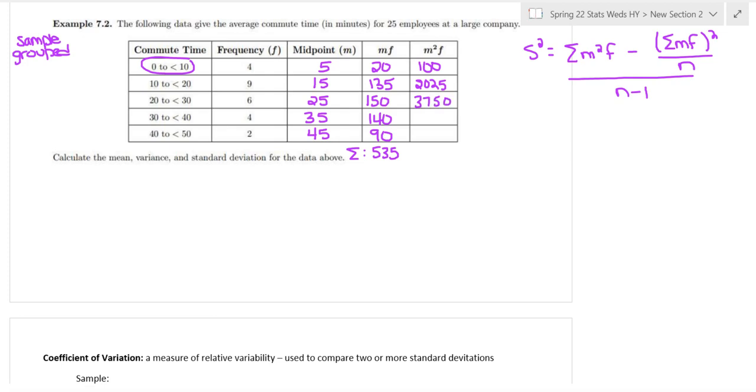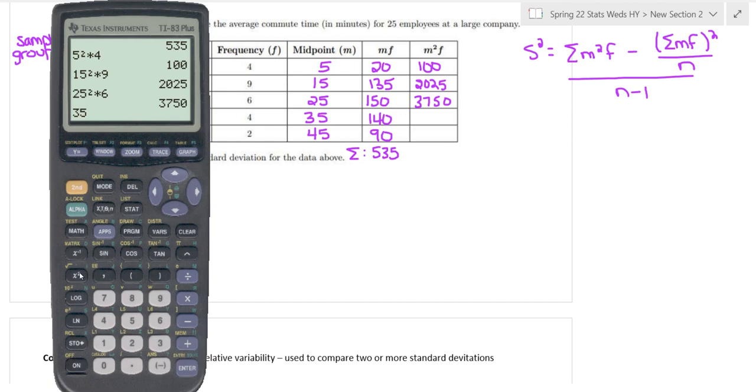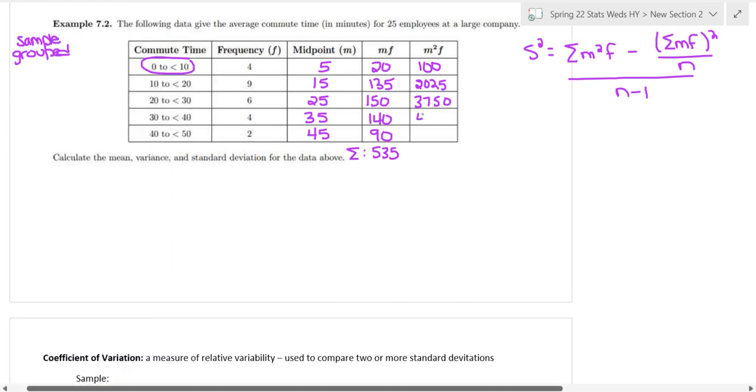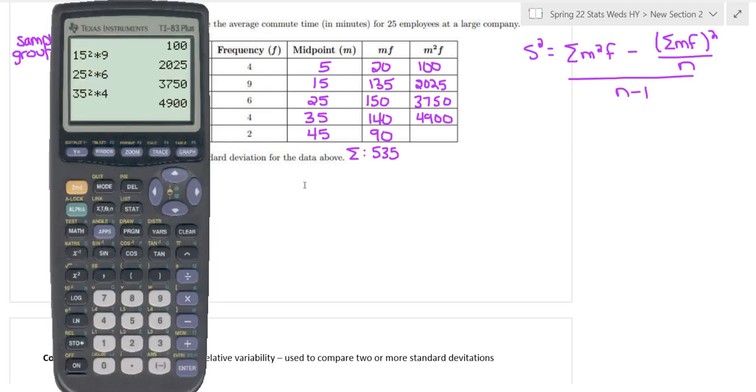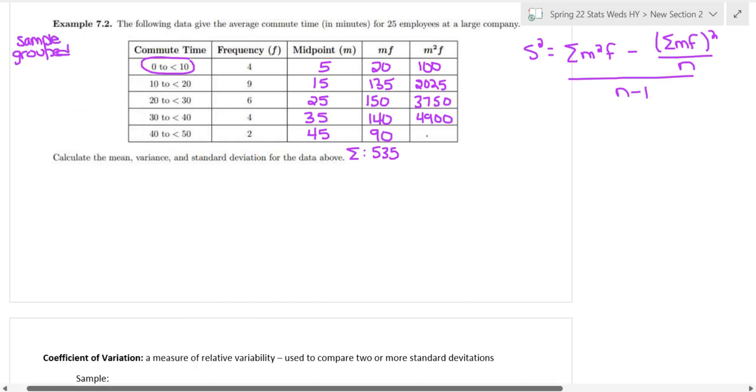Then 35 squared times 4, 4900. And then 45 squared times 2, 4050.